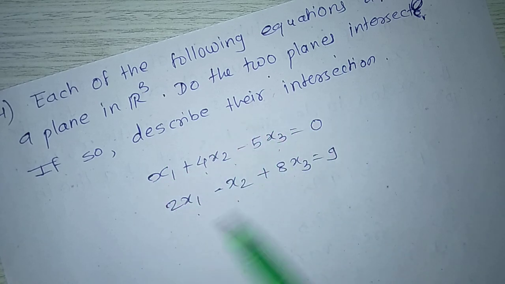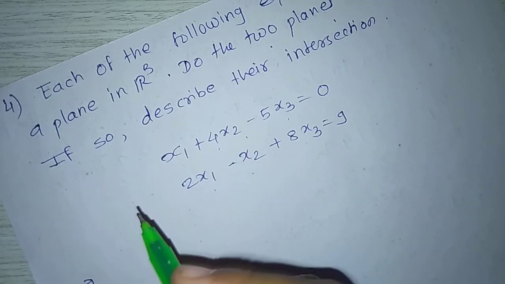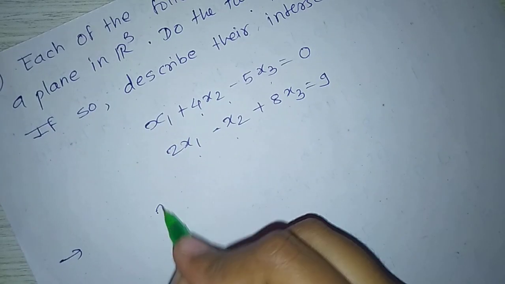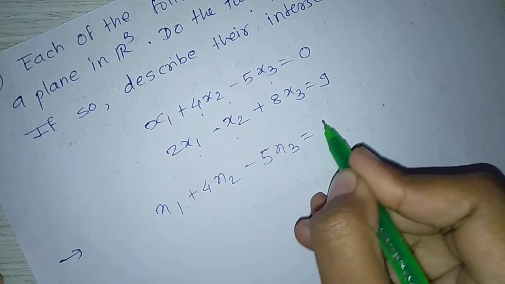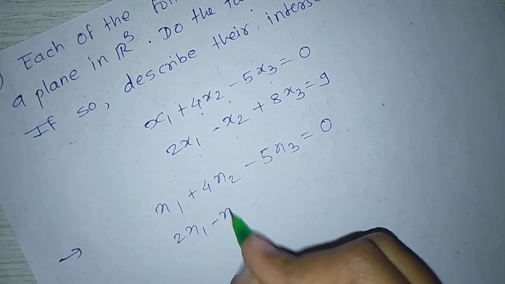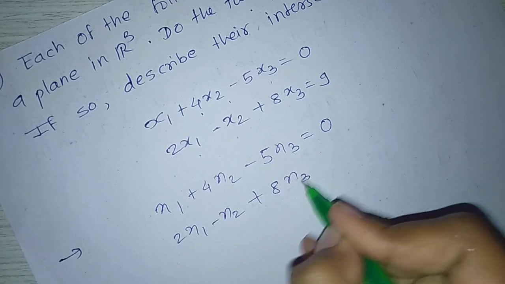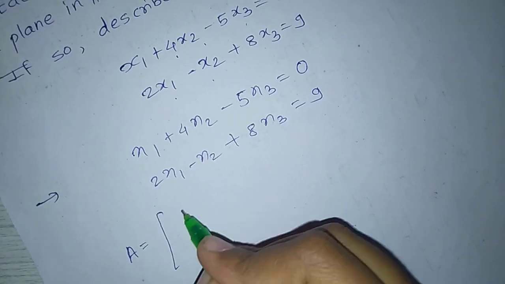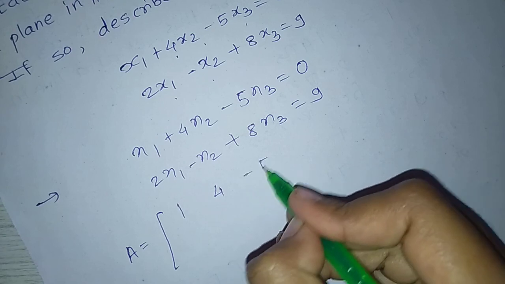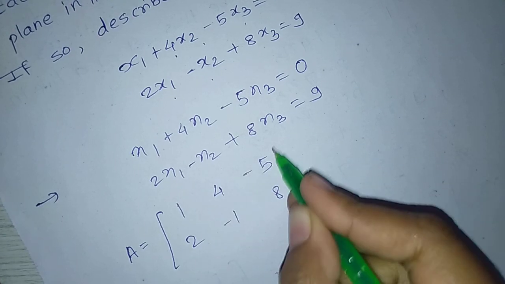This is a non-homogeneous system. Write the coefficient matrix A equal to [1, 4, -5; 2, -1, 8].